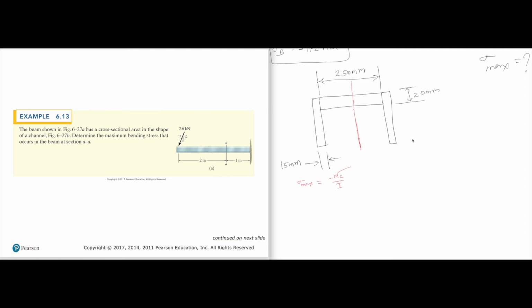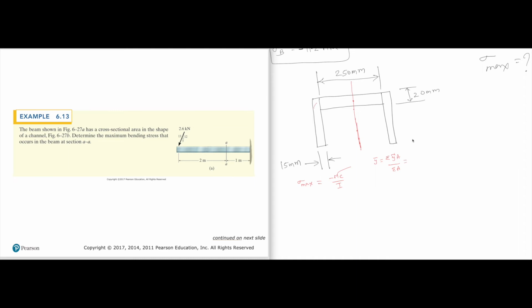How do you find the centroid? We find the centroid by, because we need to find the y bar, sigma y tilde A over sigma A. From statics again, how many shapes do you have?